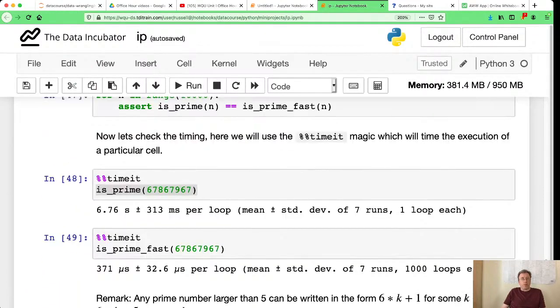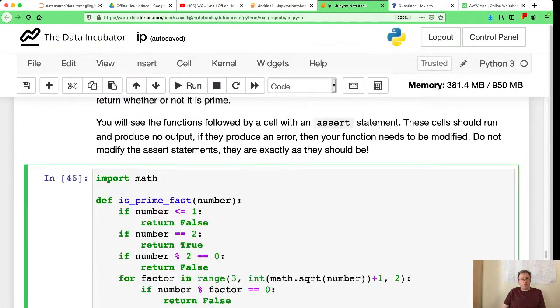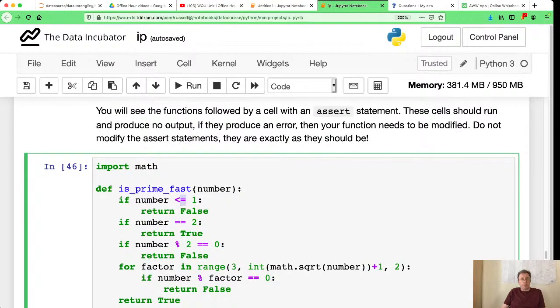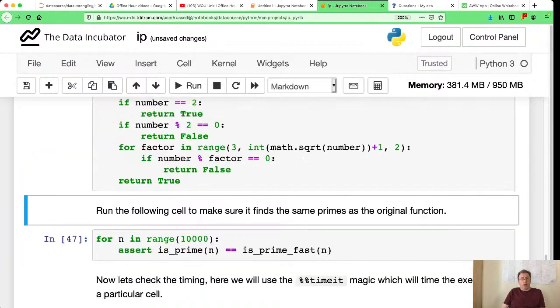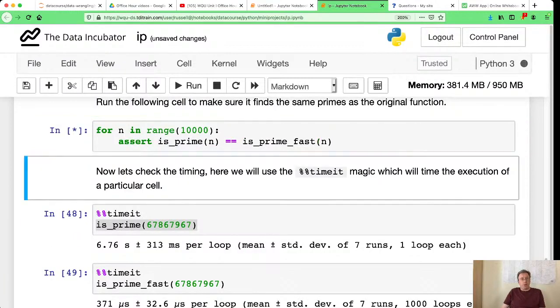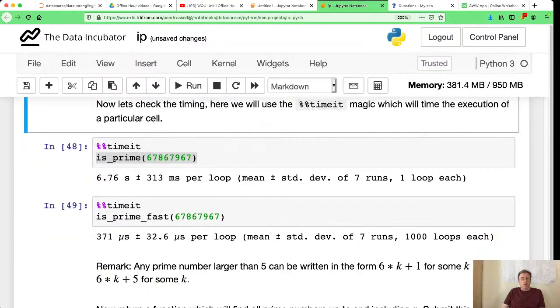And someone's suggesting that instead of if number less than or equal to 1, I could say if this is less than 2, not less than or equal to. And my assert statement still holds.